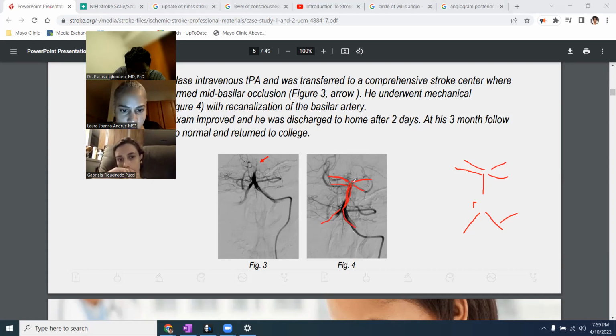And then let's see, what comes off? Maybe here would be the ACAs. Or sorry, the AICA. And then PICA comes off the vertebral, so maybe.